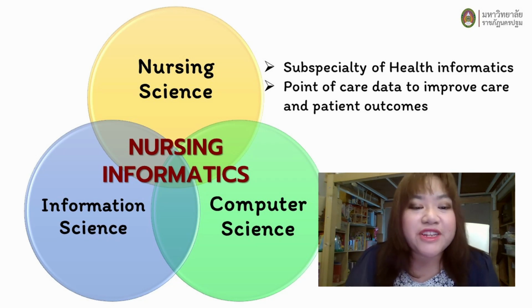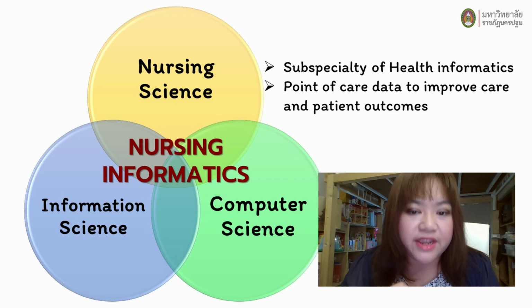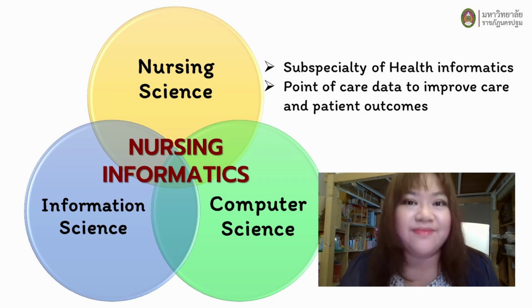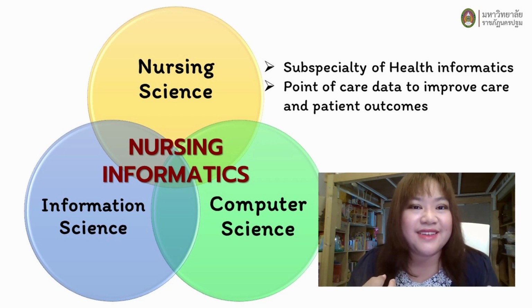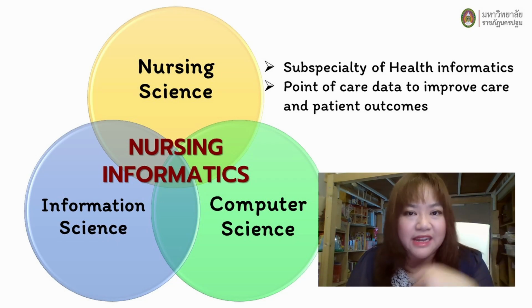Information science is the study of processes for storing and retrieving information, especially scientific or technical information. If we're talking about information about nursing, this information or scientific or evidence-based practice is also our nursing science as well.